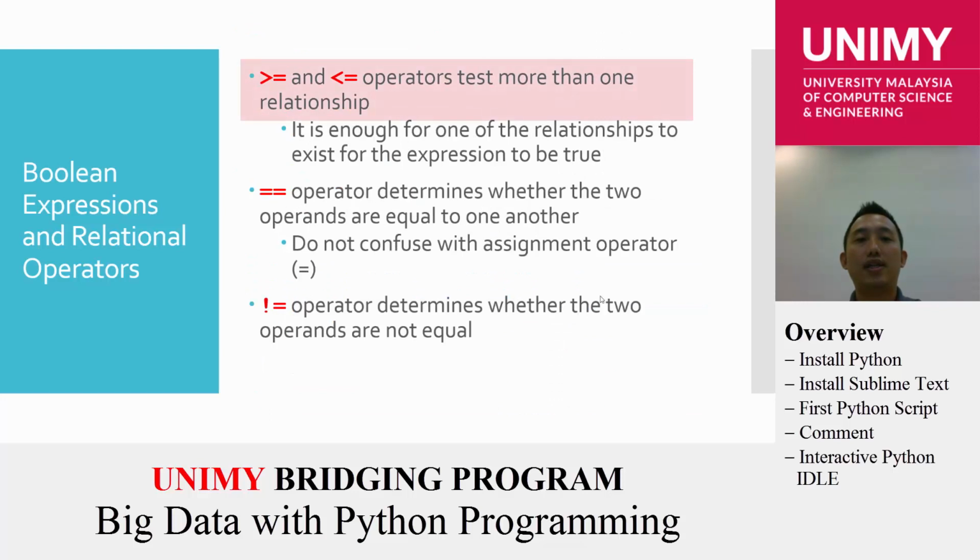The greater than or equal to, or less than or equal to operators have more than one relationship, so it is enough for one of the relationships to exist for the expression to be true. The double equals operator is used to determine whether the two operands are equal to one another.